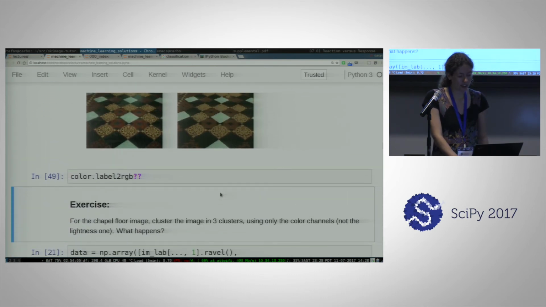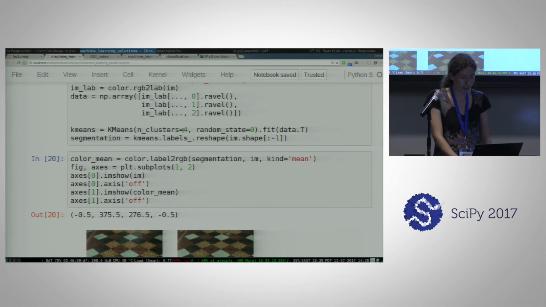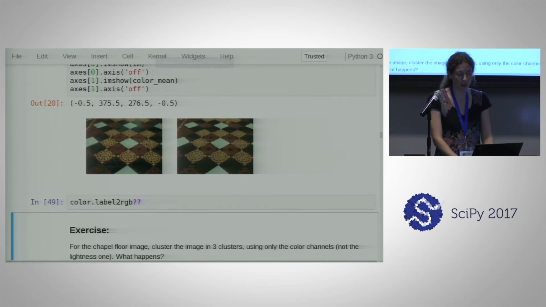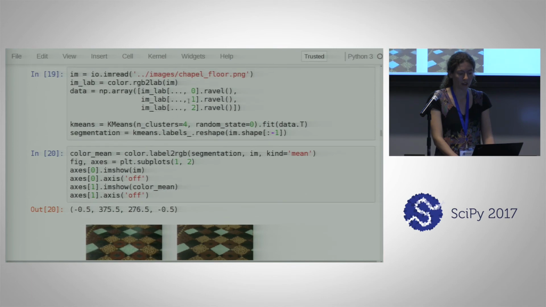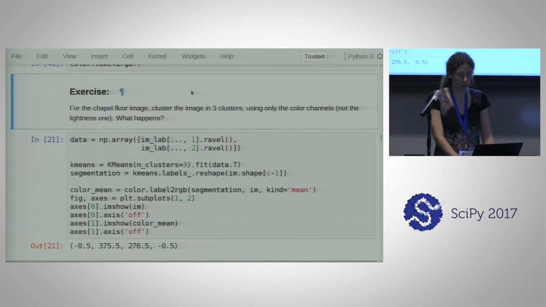And so my exercise was to use not 4 clusters as here, but 3 clusters, and also to use only the color channels, not the 3 channels, including the lightness channel, which is the first one in LAB space. So what happens if we do this? So I just removed imlab 0 for the first channel, and 3 clusters.